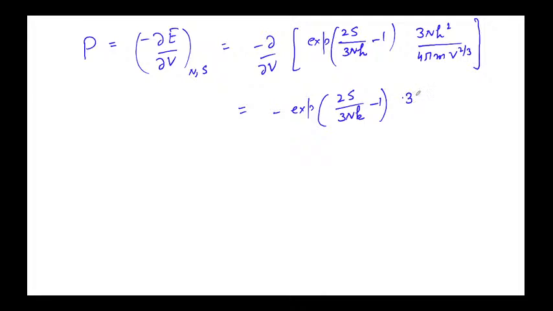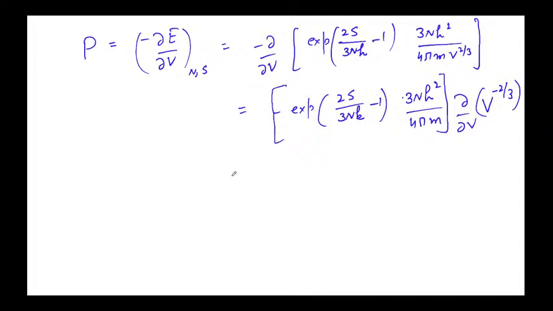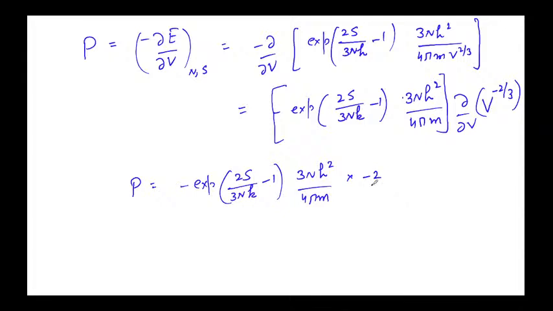And we will take the derivative of 3nh² over 4πm times the volume term, that is minus 2/3. So this equation becomes minus exponential of 2S over 3nk minus 1 over 3nh² over 4πm into minus 2/3 V to the power minus 5/3.